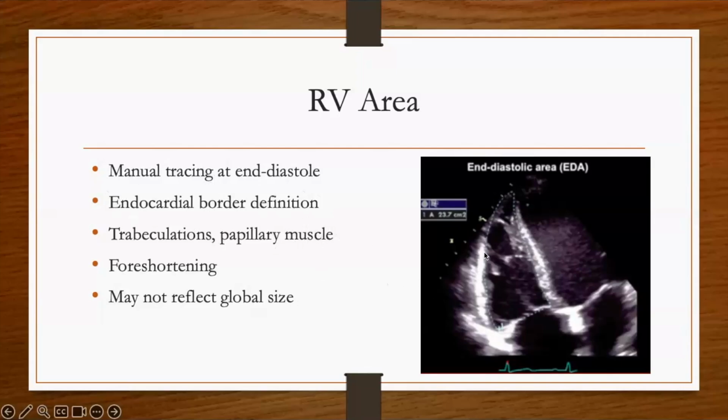Trabeculations and papillary muscles should be included inside that measurement, and it can be affected by foreshortening. It is the end diastolic area, as you can see, and it is not a true representative of the global size all the time, but it's another way of assessing RV size.